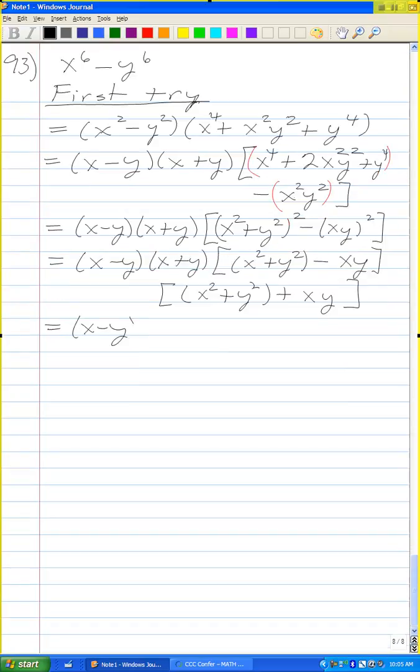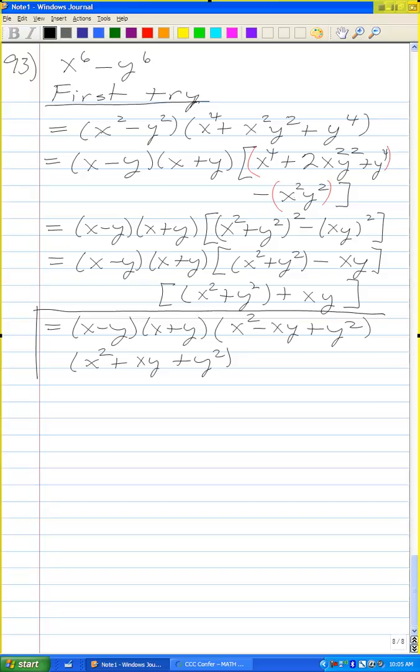So I get x minus y, x plus y, times, and let's write this in descending order, x squared minus xy plus y squared times x squared plus xy plus y squared. And so we have factored this completely. It turns out that whatever is in parentheses in this case cannot be factored any further over the integers, over the rationals.